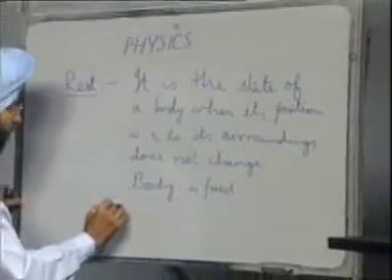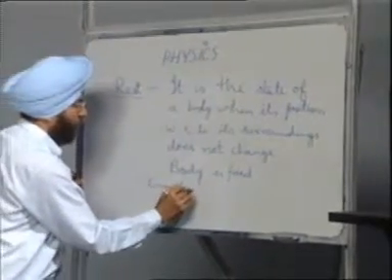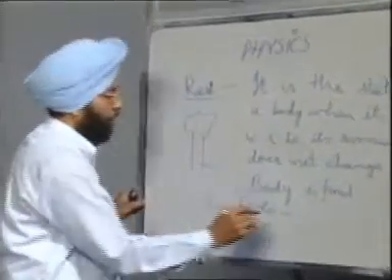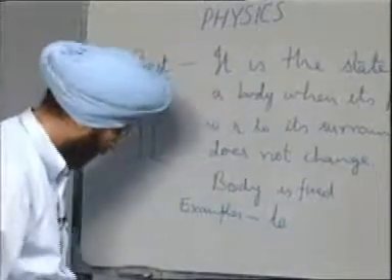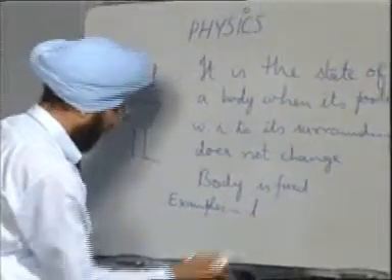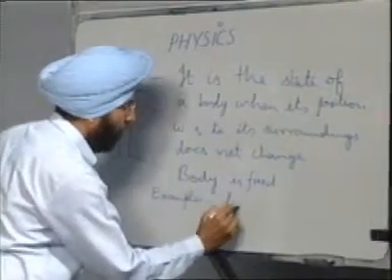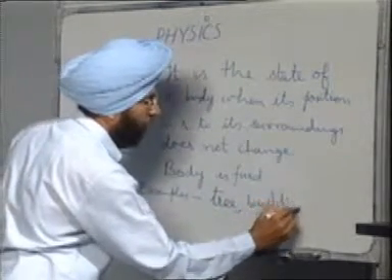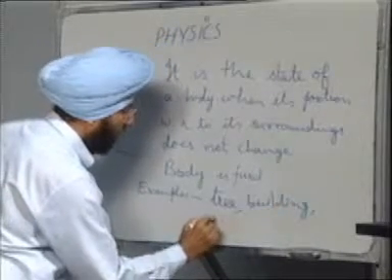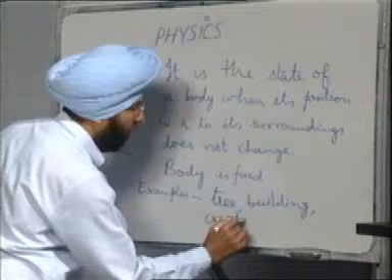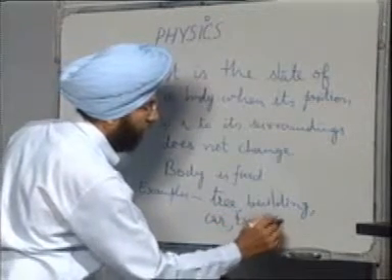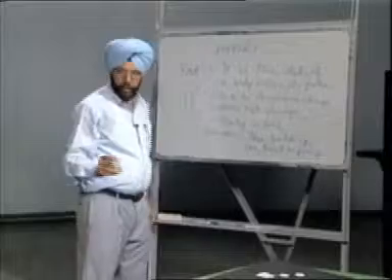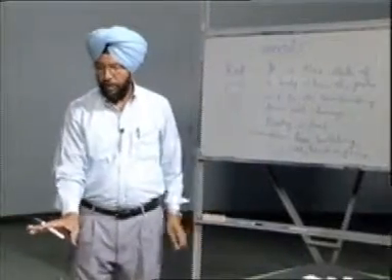Examples are a tree, building, car or truck in a garage, we have these objects lying on the table at rest.